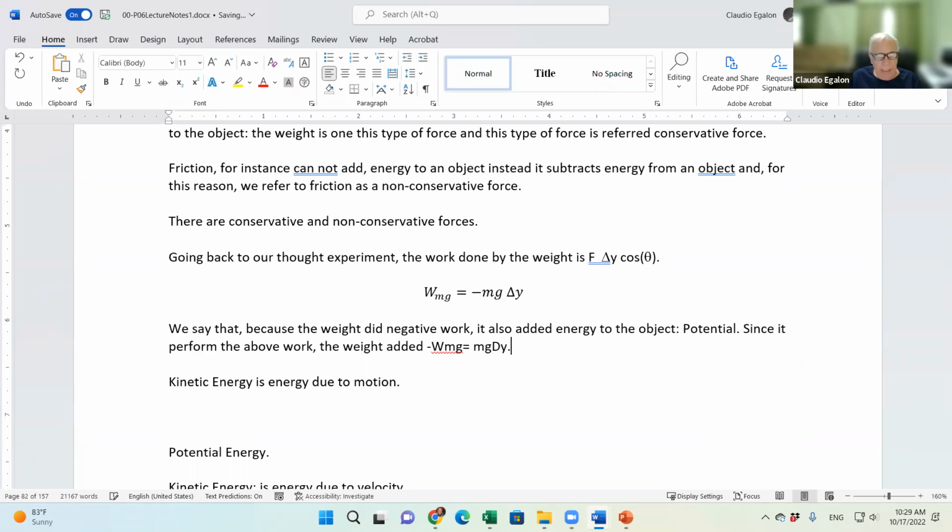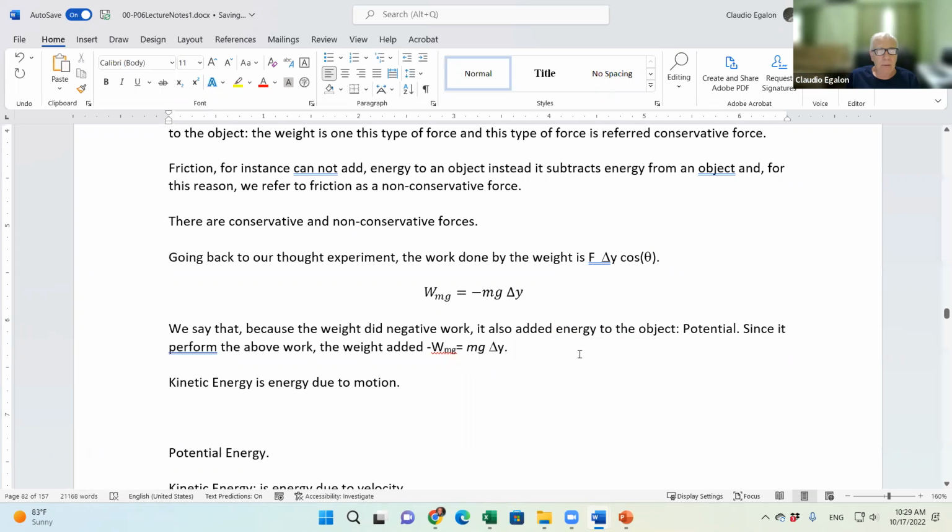That's how we interpret the work done by this conservative force. The weight did negative work, but in return, it added potential energy to the object. And now that the object has some potential energy, if we are smart enough, we can tap into this potential energy to do something useful.